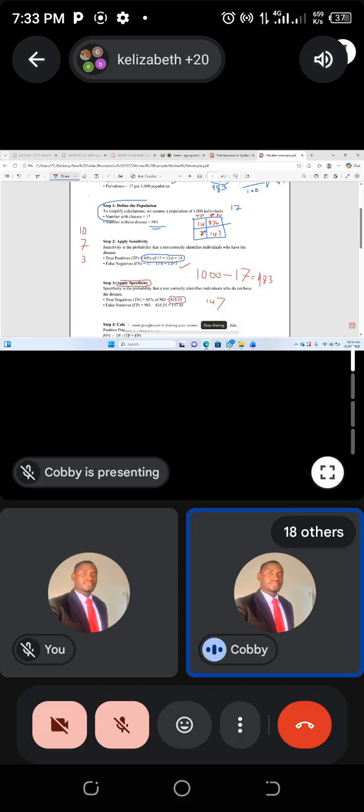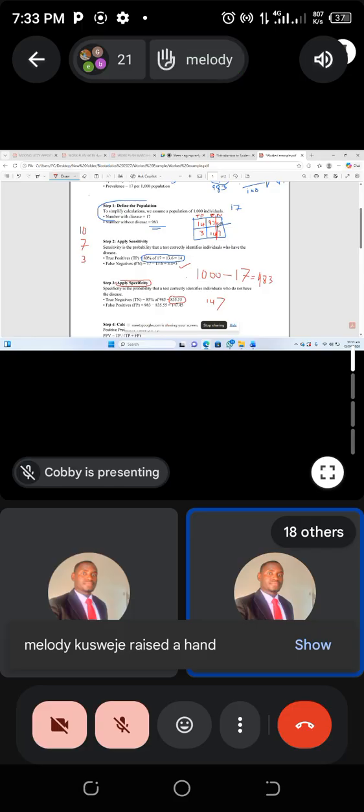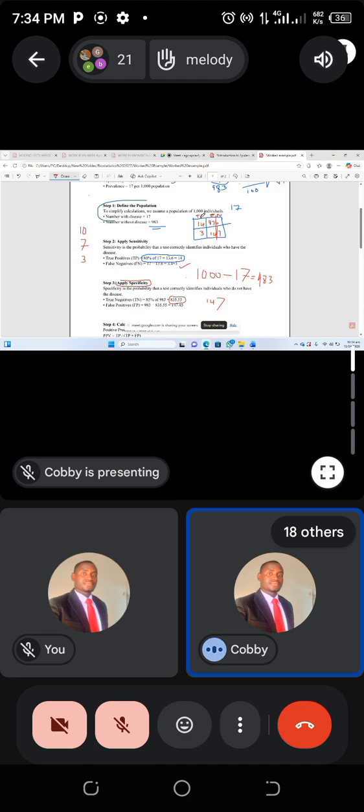So this side I want to have the false positive, the false negative, and the true negative. Then this other side I want us to put the true positives.